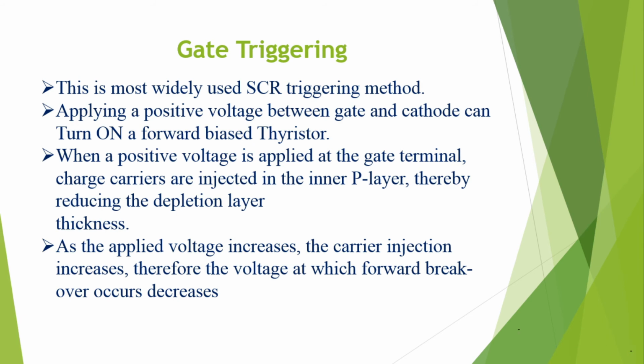As I said earlier, when a positive voltage is applied at the gate terminal, charge carriers are injected into the P layer and vanish the depletion region. As we saw in the VI characteristics, if your gate supply is more, more carriers will be injected, therefore we can turn on the thyristor rapidly.